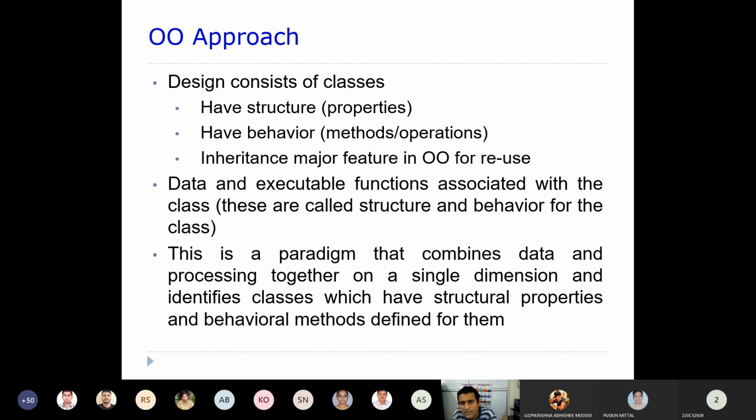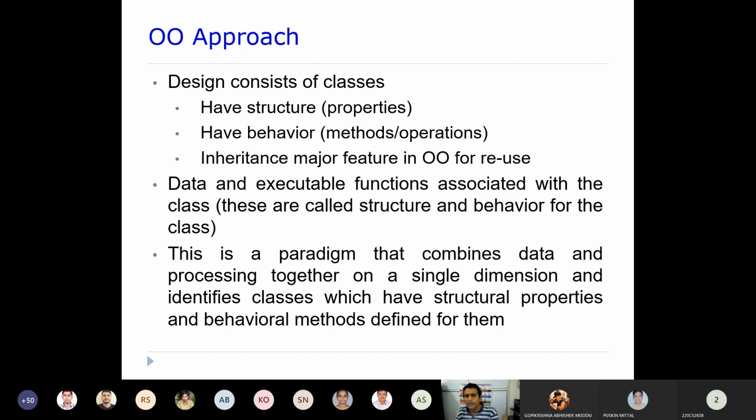A class consists of objects of similar type. Inside a class you usually have the data and a certain number of methods, because these data and methods are common for all the instances of a particular class. So you have properties and behavior, that means data attributes as well as methods.